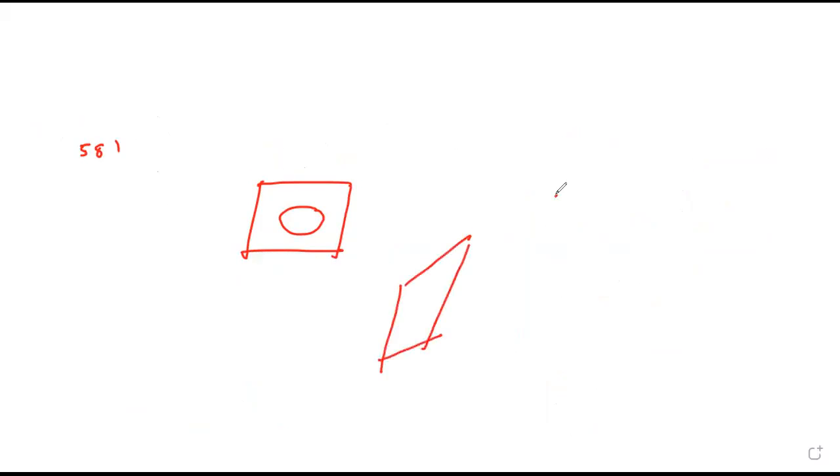If there is a circular opening in an opaque sheet, suppose this is one sheet and there is an opening here, then on the screen we get what? One second, this is the screen opening. So when light goes from here, the opening will not be a shadow.